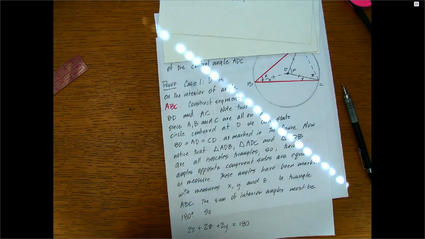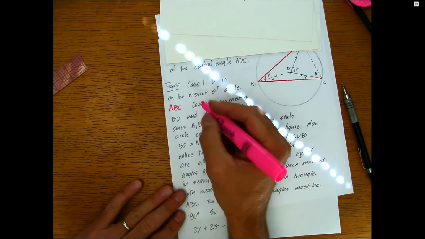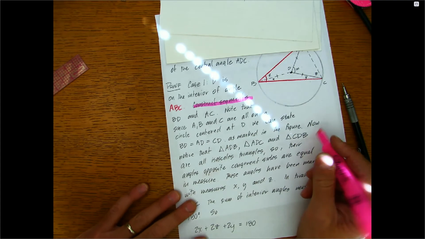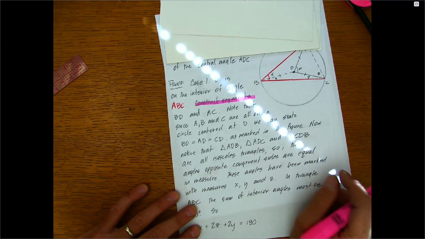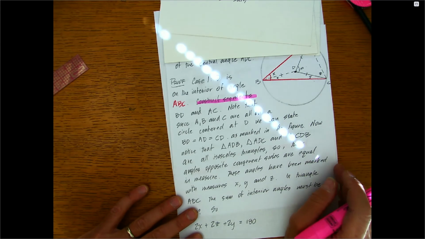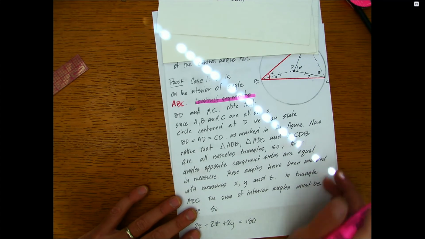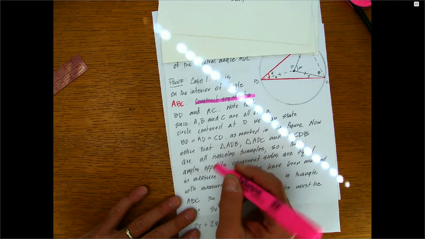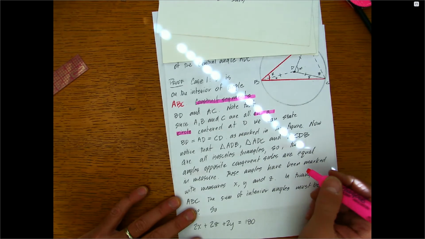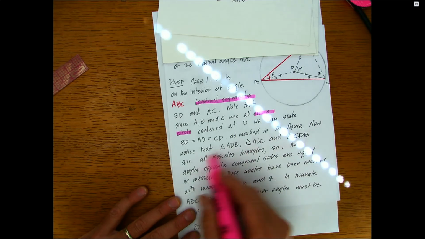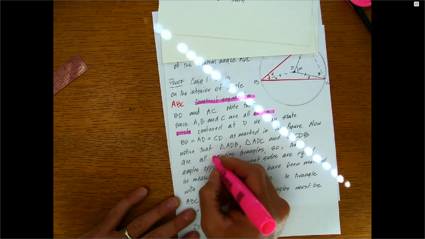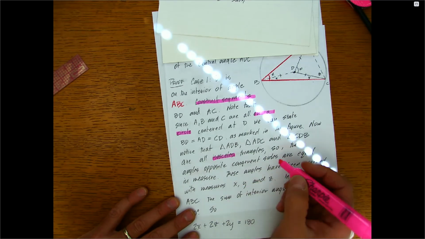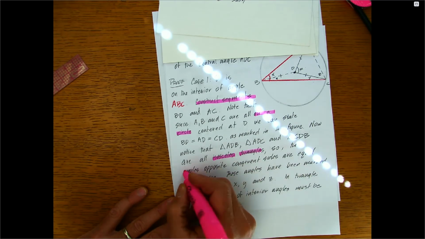Let's go back and make sure we can see. We constructed segments, so given two points, we can construct a segment. We're relying on one of our previous assumptions here, I guess a postulate. We used the definition of a circle, so on a circle. We also used isosceles triangles, base angles, angles opposite congruent sides.